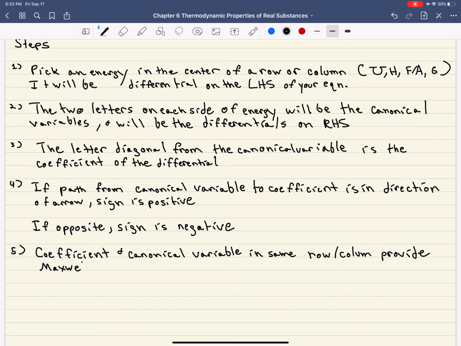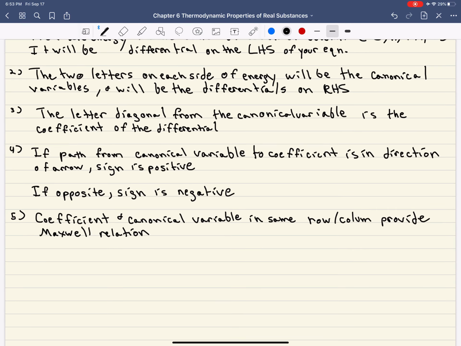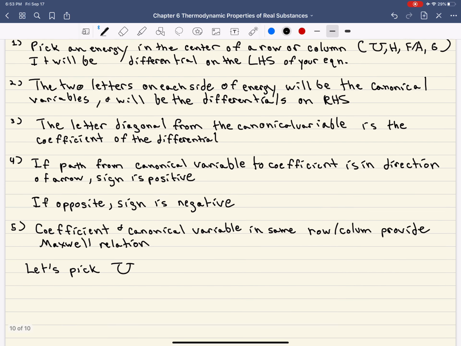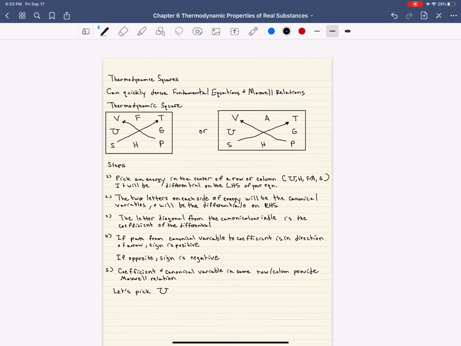I'll show you how that would work. Like I was saying earlier, let's start with one that we know: internal energy.